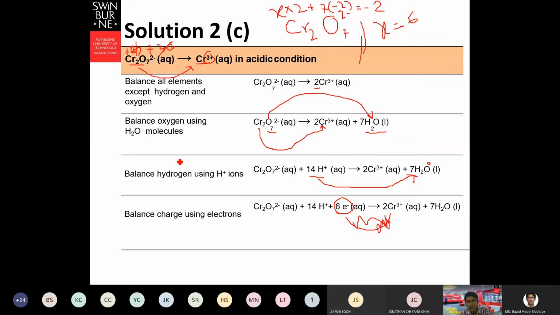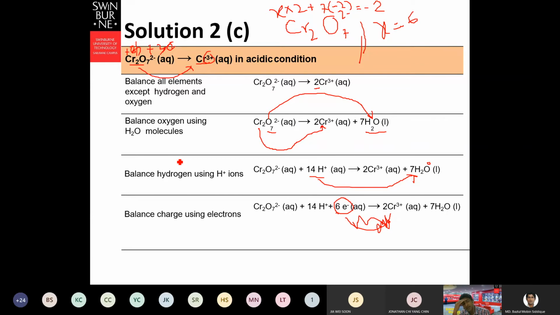Let me check the questions. Any question you have? Oh, quite many questions. What did the 5 water molecules come from? Bernice, I think I explained about it.